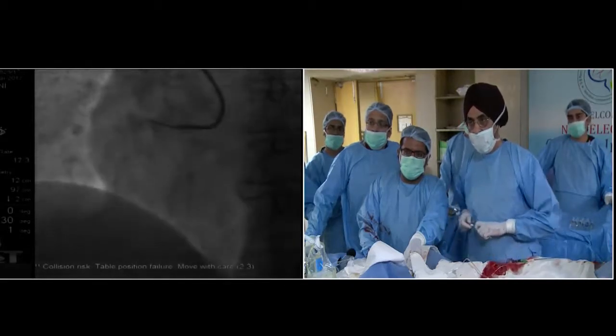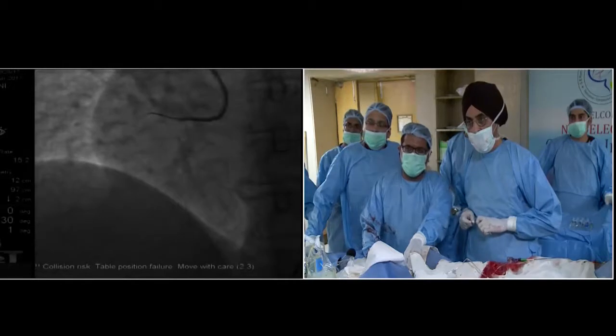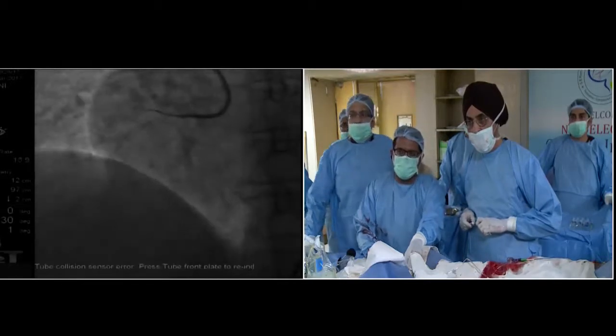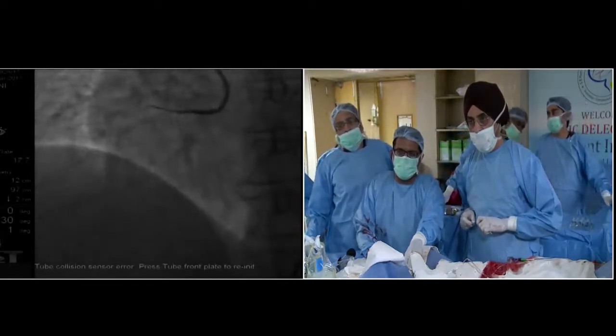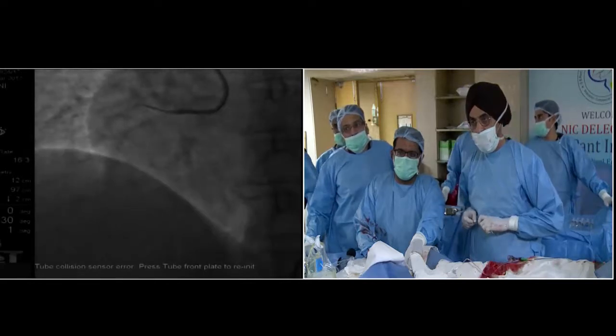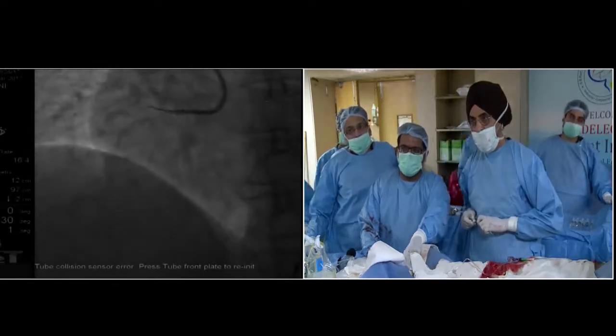Can we try one more time to move to the second cath lab? They are trying to set the audio right.